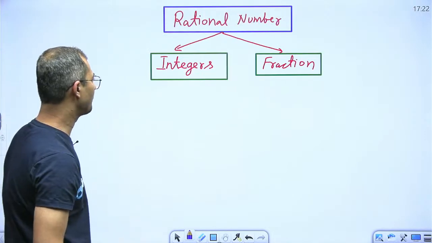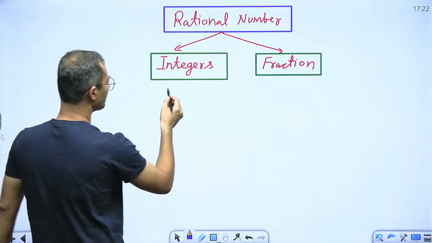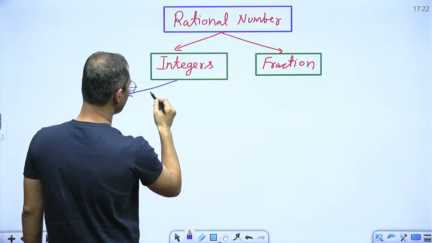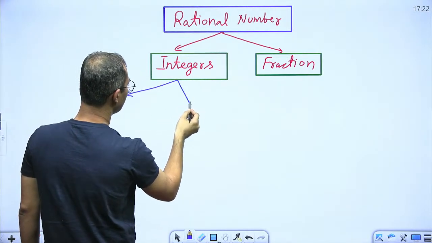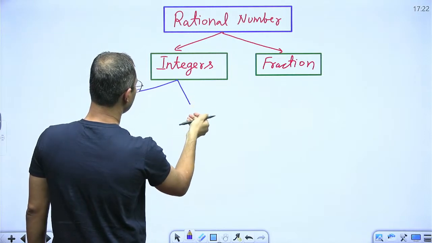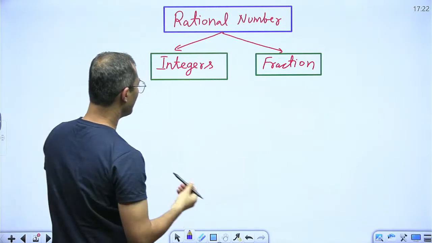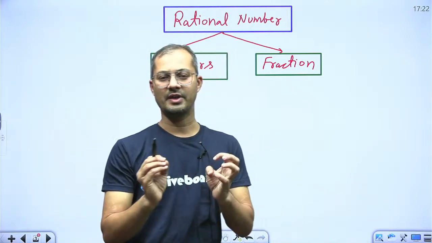Okay. So integers include three parts. Integers include the negative and positive aspects of the numbers.